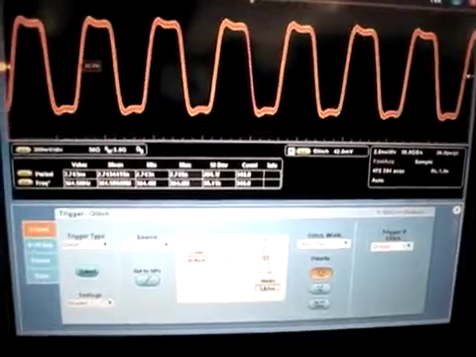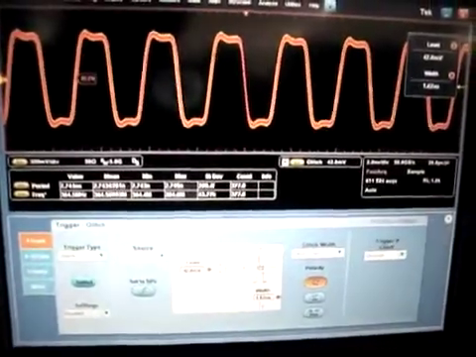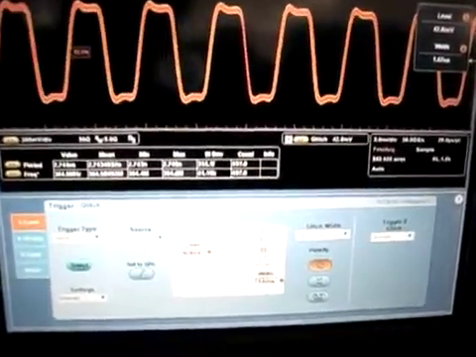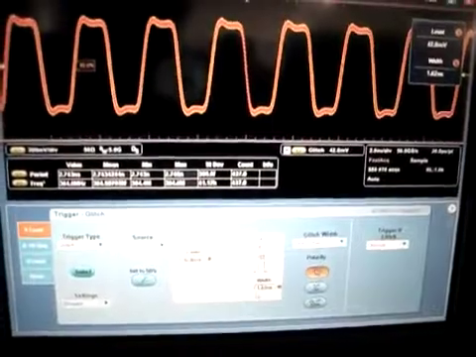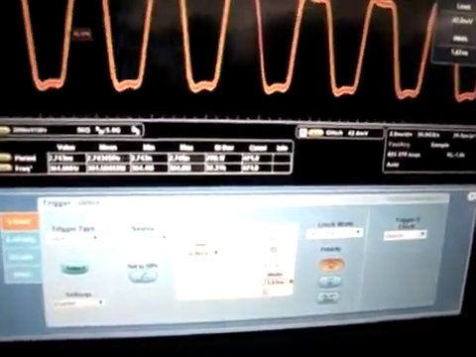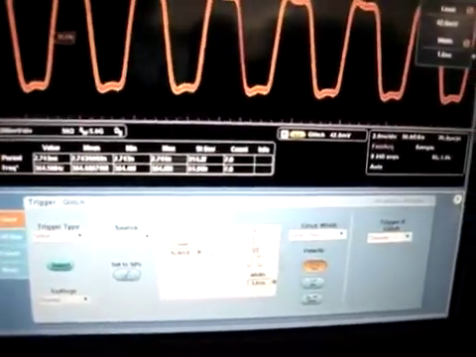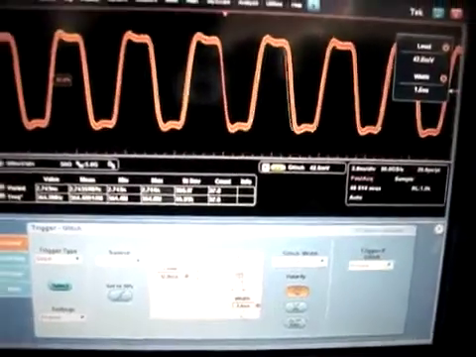So let's change the glitch pulse width. That means for any signal, if the pulse width is less than this certain range, we will trigger.